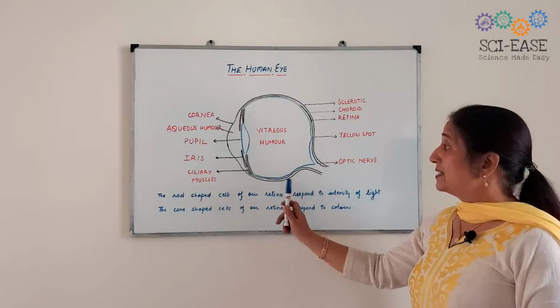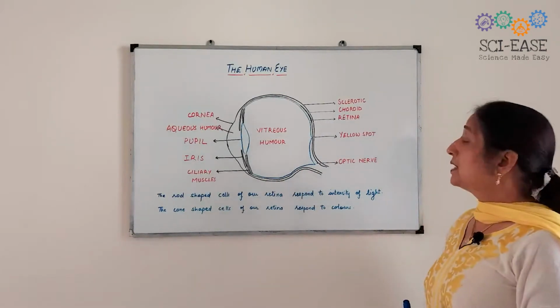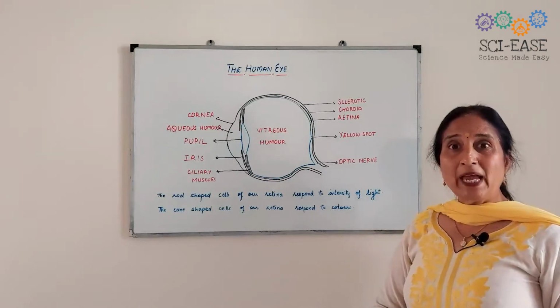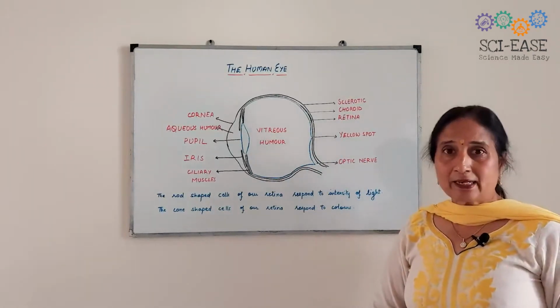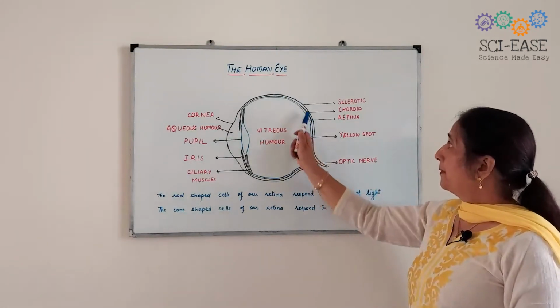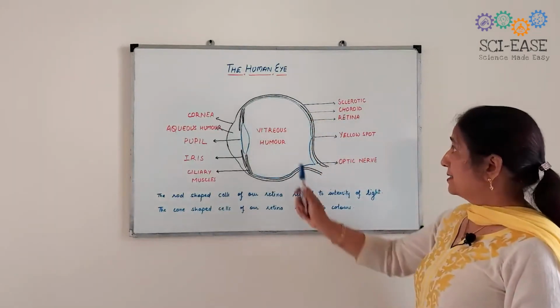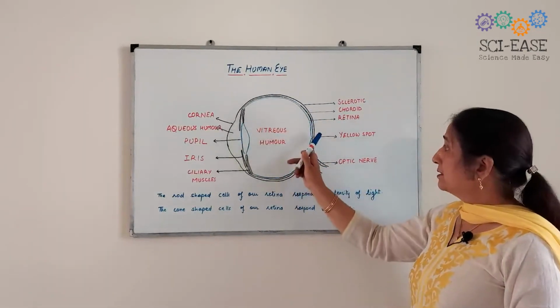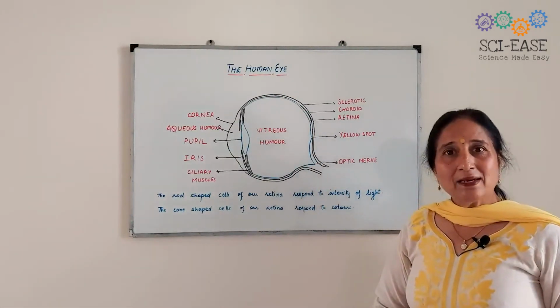This eye is surrounded by three layers. The outermost layer, which is the opaque layer, is the sclerotic or sclera. The middle layer is the choroid, and the innermost layer, which is the light sensitive layer, is known as the retina.